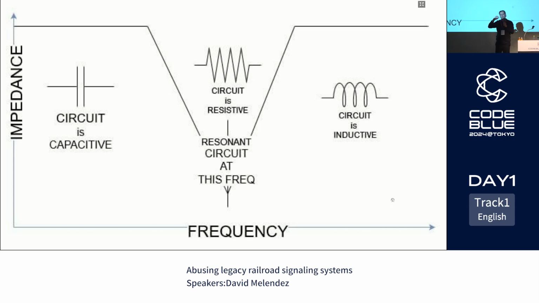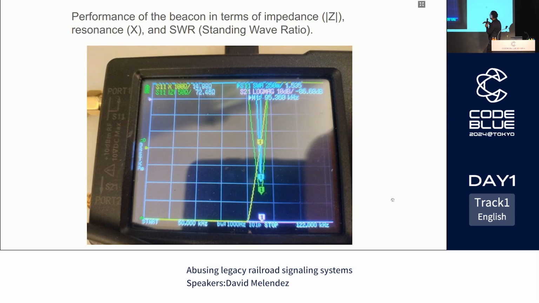There's no transmitting of energy, okay? So we achieve the red signal here, at 95 kilohertz, okay? The impedance, the resonance, and the standing wave ratio is optimal just at the red symbol frequency.